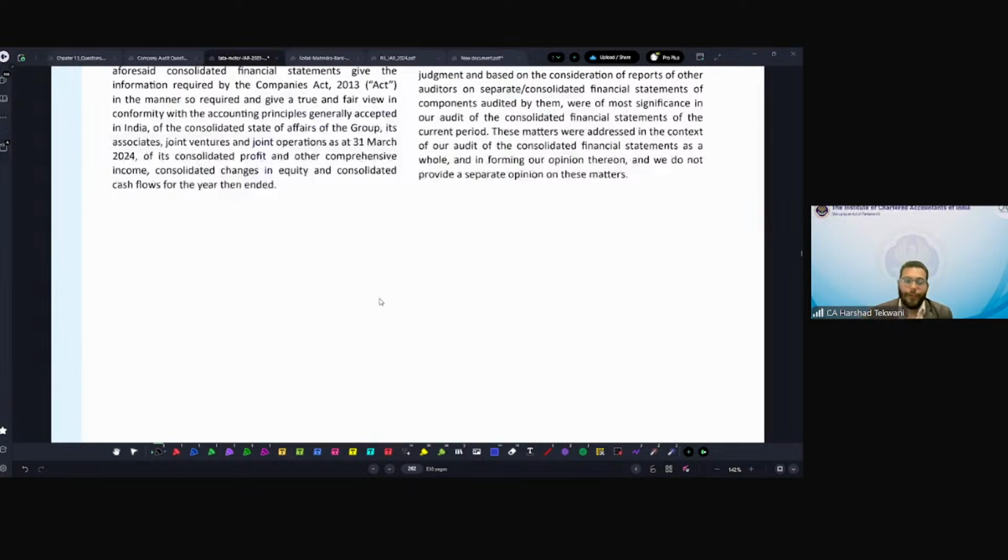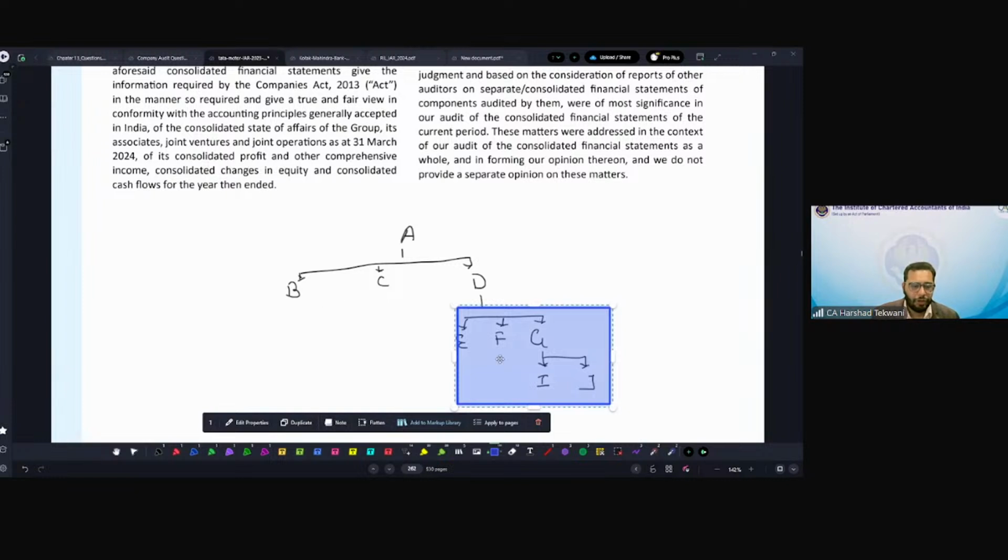Absolutely correct. Let's say, for example, you have A, B, C, D, and you have E, F, and G. Let's say you have others, I, N, J over here. Like this is the structure. And let's say this whole bunch over here is outside India, for whatever reason.